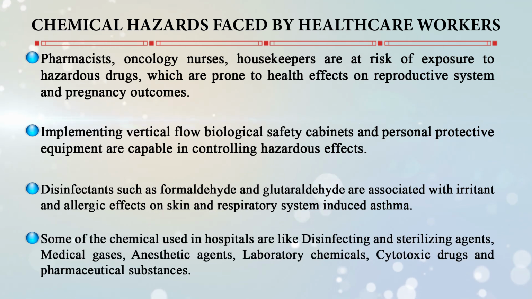Some of the chemicals used in hospitals are mostly disinfecting and sterilizing agents, and sometimes medical gases, anesthetic agents, laboratory chemicals, cytotoxic drugs and pharmaceutical substances. We saw in the previous session how chemicals enter our body through various routes. One is inhalation, that is breathing in chemicals like anesthetic gases.